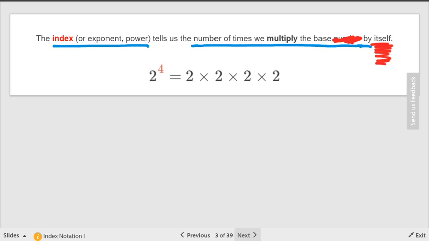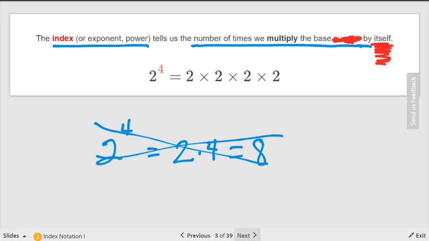So here's an example, okay? And I want to first tell you the biggest mistake that students make with this. If you have 2 to the 4th power, many students will say that's 2 times 4 or 8. Is that true? No, that is completely wrong.